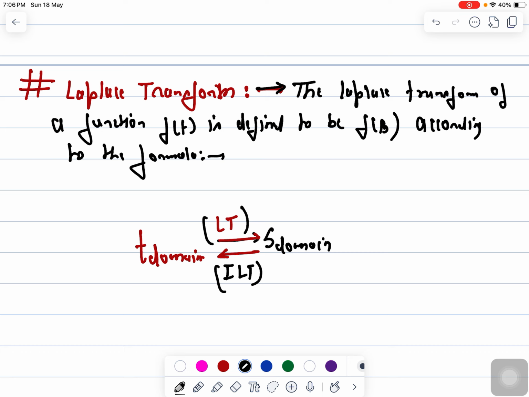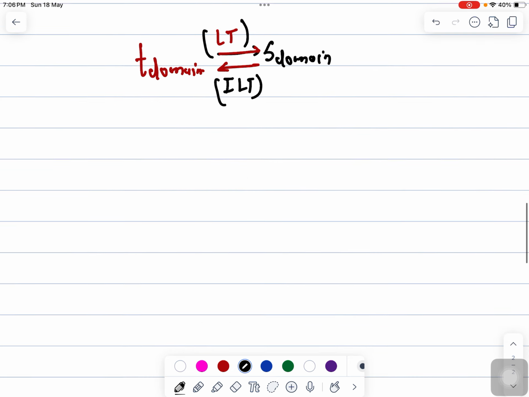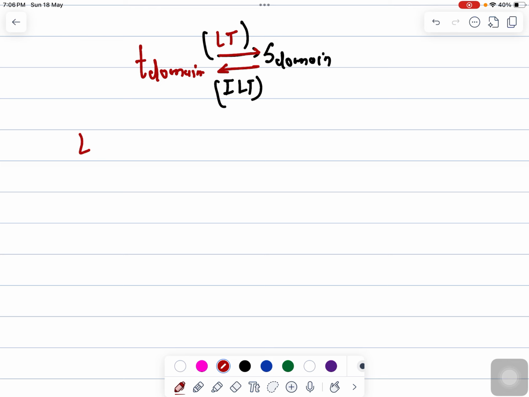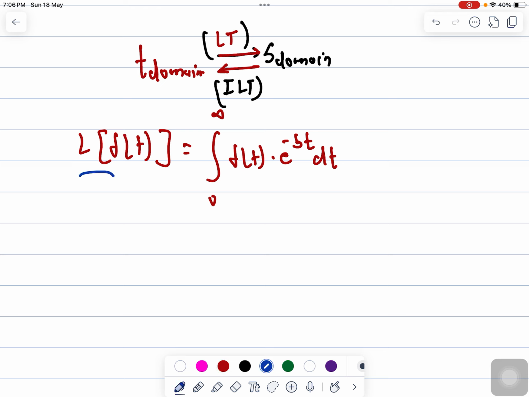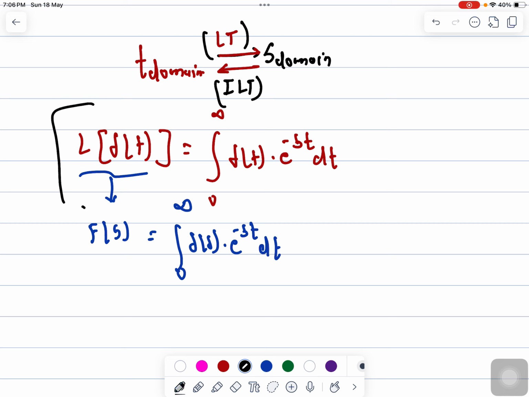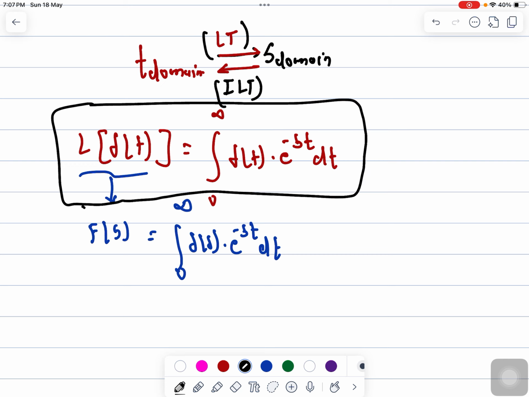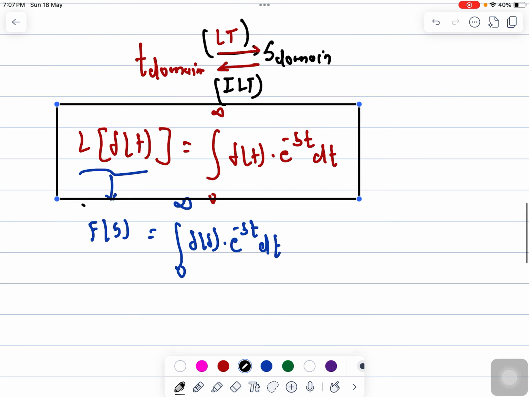In the Laplace transform we are converting the T domain to the S domain. So you will have a function f(t), and the Laplace transform of f(t) can be written as the integral from 0 to infinity of f(t) times e to the power minus st dt. The Laplace transform of f(t) will be called F(s). So this will be the formula that we are going to use. This is the master formula for converting the T domain to the S domain, and this is the Laplace transform, right?